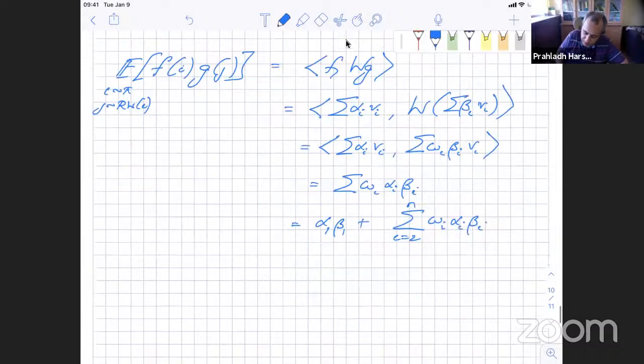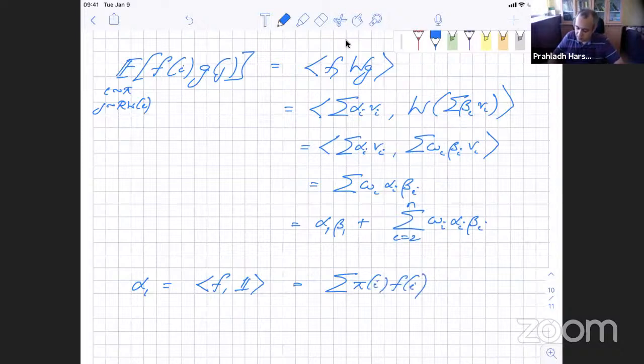Why am I writing it this way? Let's find out what alpha 1 is. Alpha 1 is the inner product of f with the all ones vector. You want to know the component along the first eigenvector; because they're orthonormal, it's just the inner product along the first eigenvector. This is just the summation of pi i f(i), which is the expected value of f according to pi, what we called mu f.